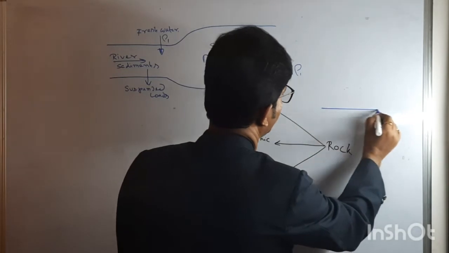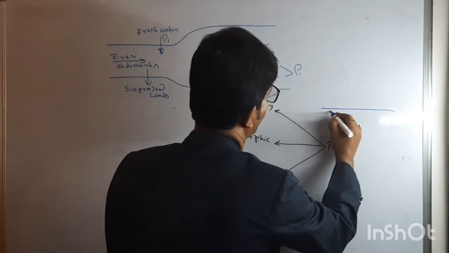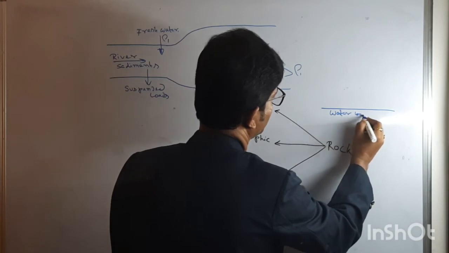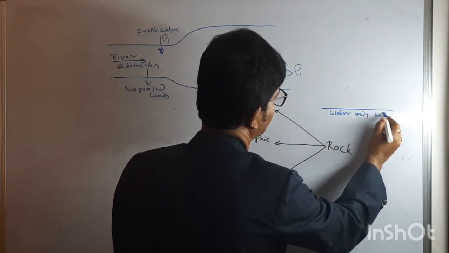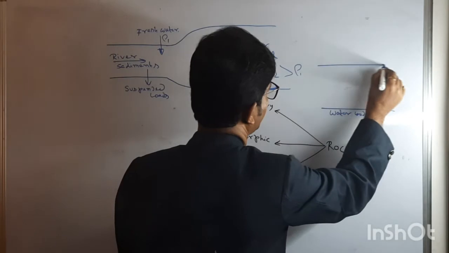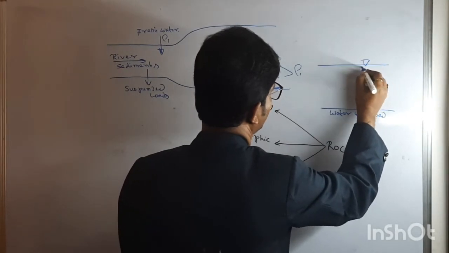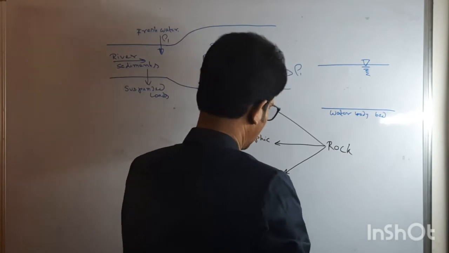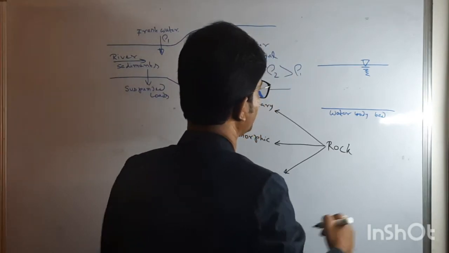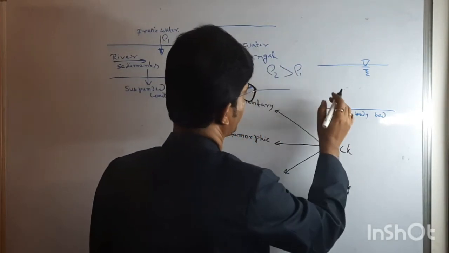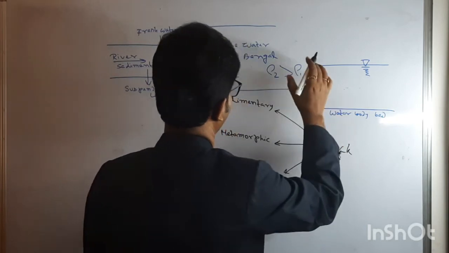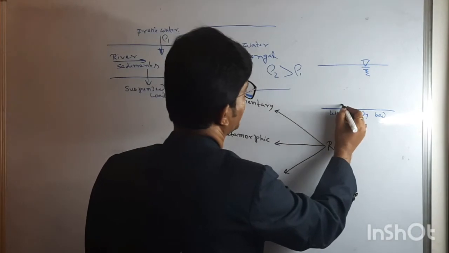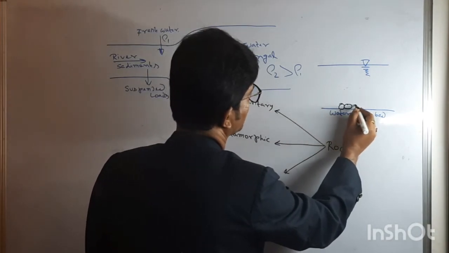So if this is the bed of the water body, and this is the level of water, these fine grained particles that are carried by the fresh water of the river, when they get to the seawater, start depositing.